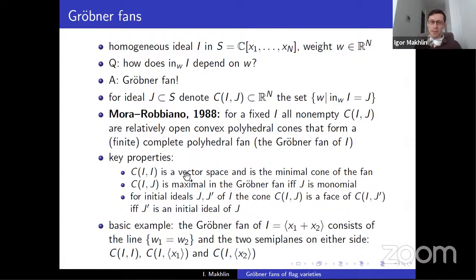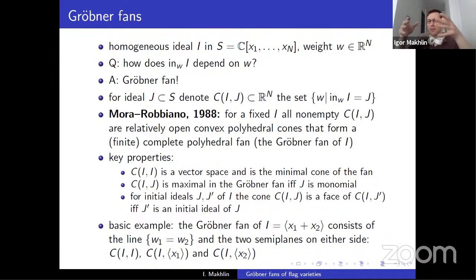So this is about the minimal cone. What about the maximal cones? When you think about the fan, the first thing you think about are the maximal cones, the largest ones, and they correspond to monomial ideals.